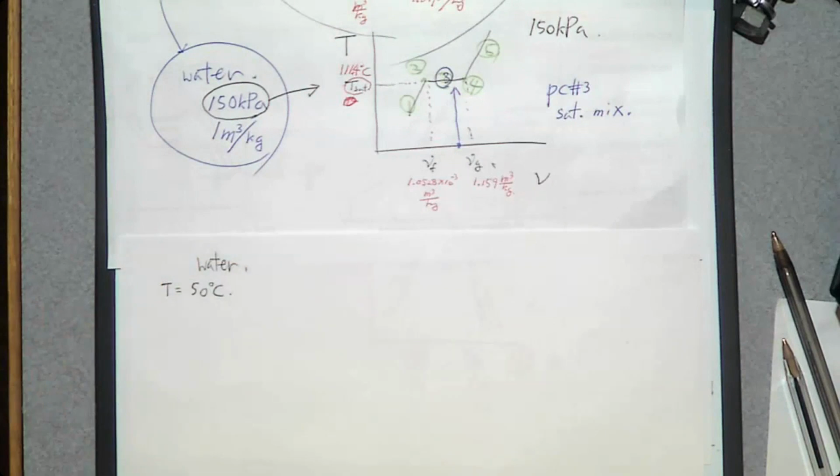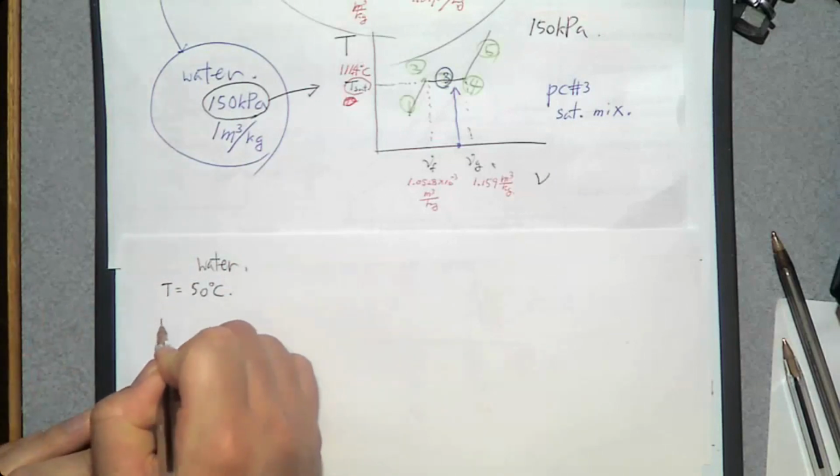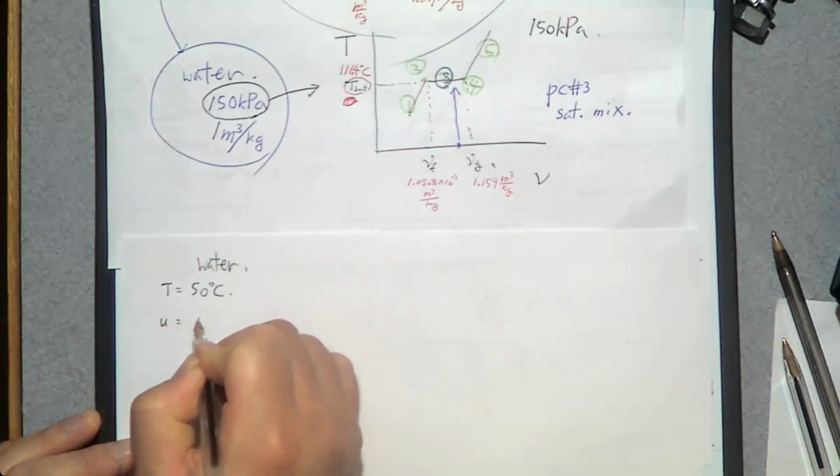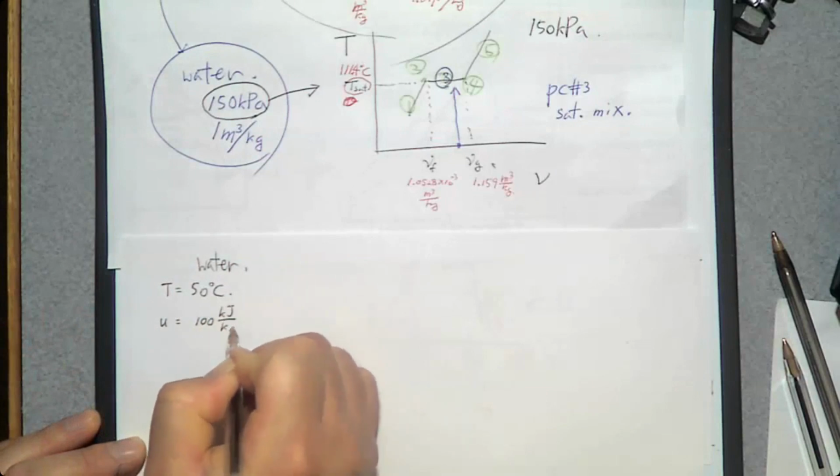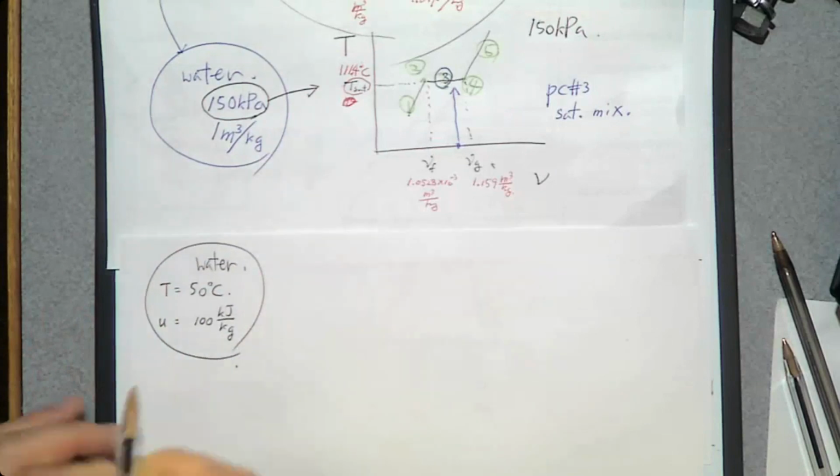Let's find a new property. I know the specific internal energy, U, which is 100 kilojoule per kilogram. So if you have a water, when you measure the temperature, 50 degrees Celsius, when you measure the specific internal energy, it was 100 kilojoule per kilogram.